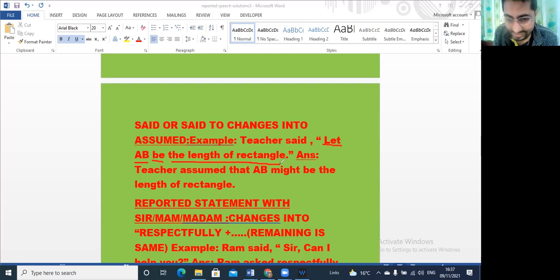Now for this case, let XY be the horizontal axis. Let Y be the vertical axis. When we talk about graph work, we deal with axis and plotting of coordinates.